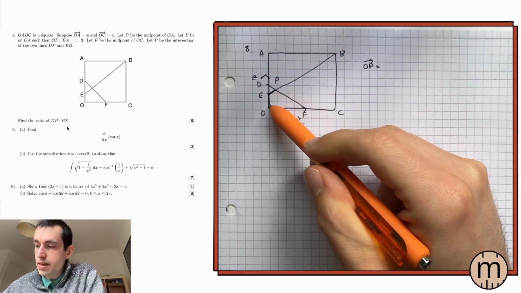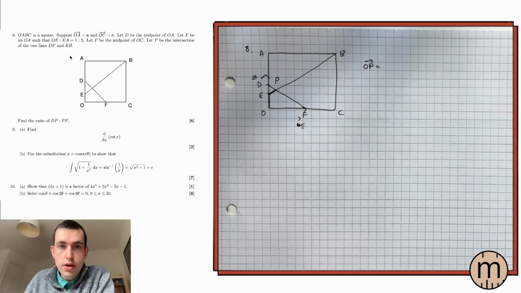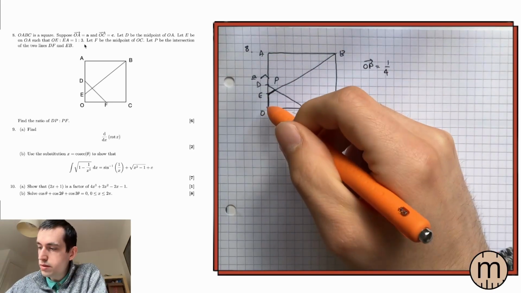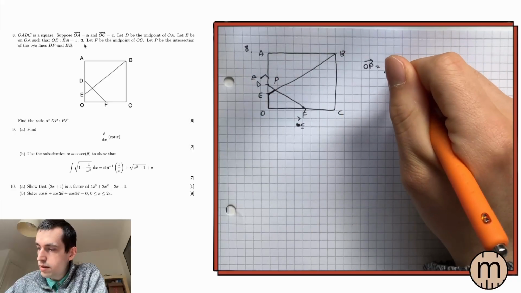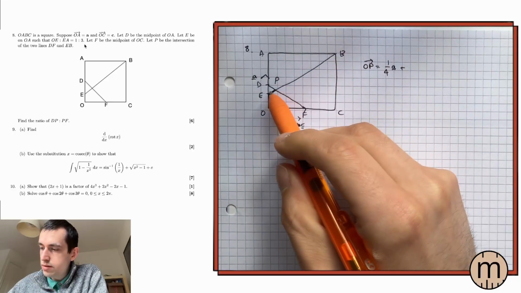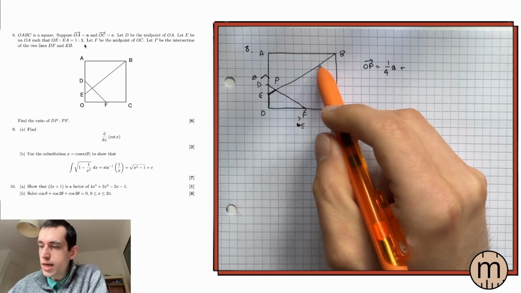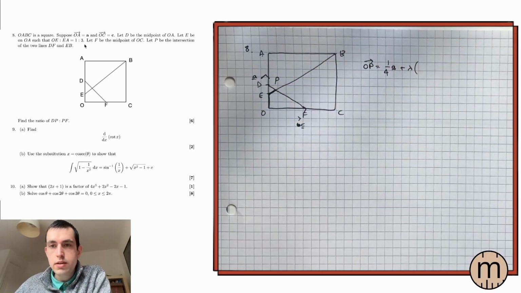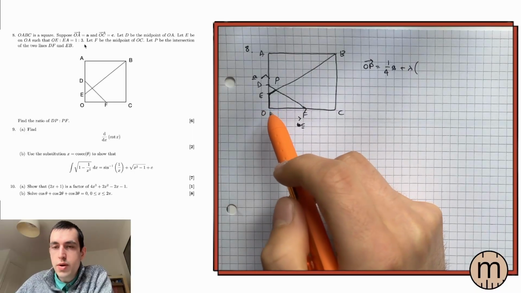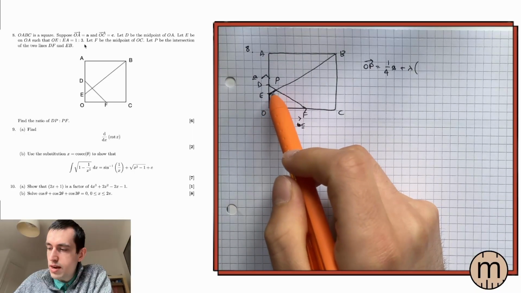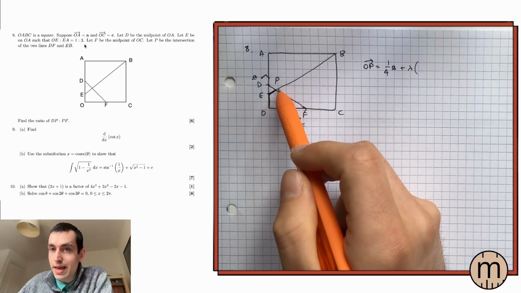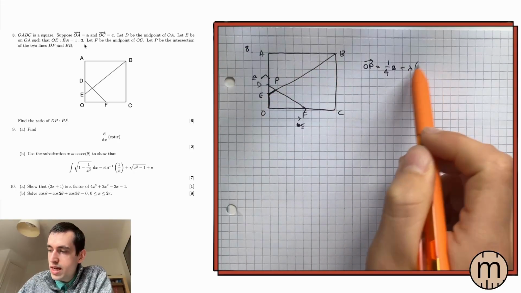How do we get from O to E? Well, we're told in the question that O to E and E to A is a ratio 1 to 3. So I'm going to go 1/4 of the way up A, and then I'm going to add on just some part. I don't know how long that is, but just some part of E to B. So these questions usually do a lambda, do whatever letter you want, but that represents some fraction of the way from E to B, which is E to P. What's the actual E to B?